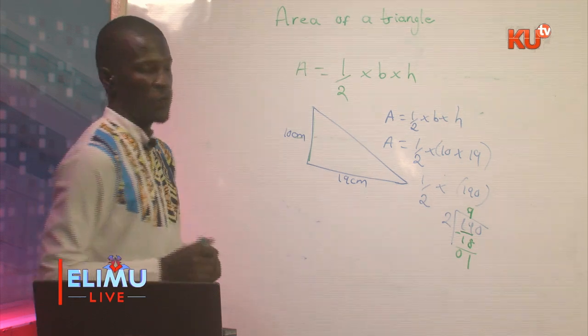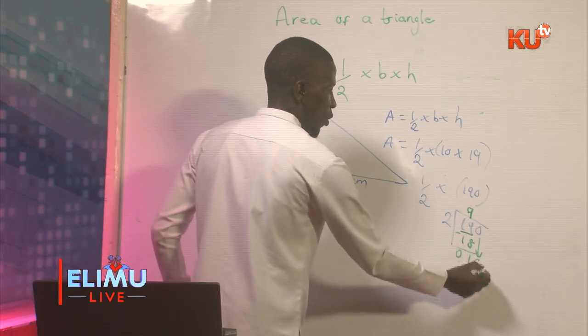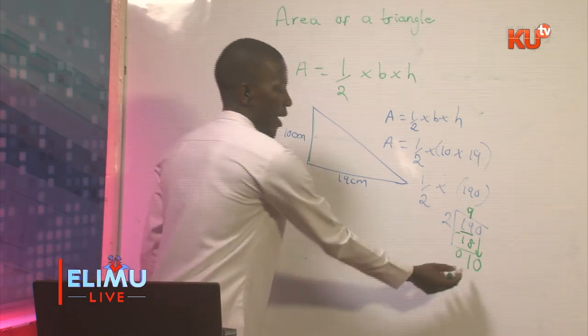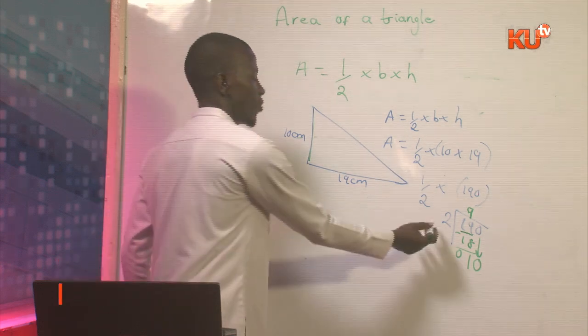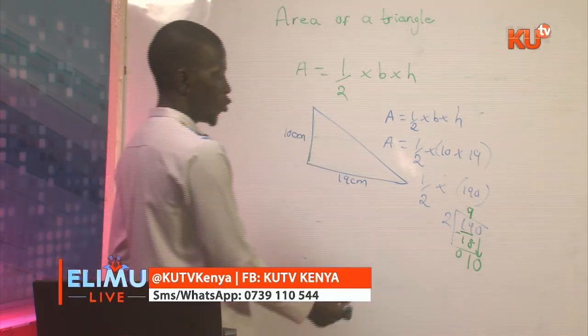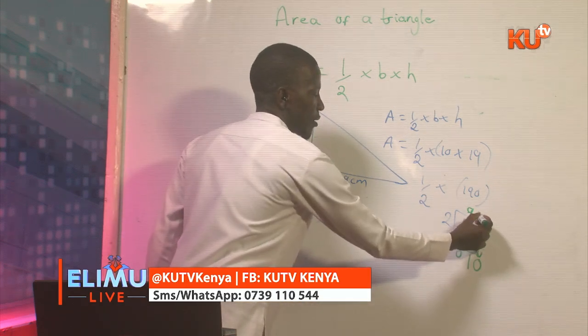So what do you do? We drop the next number, which is 0. Once you have dropped the next number, which is 0, it will make this number to be 10. Then you ask yourself, 2 goes into 10 how many times? 2 goes into 10 5 times.